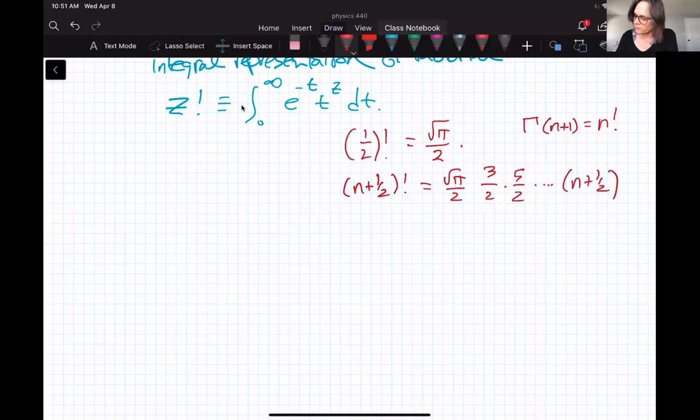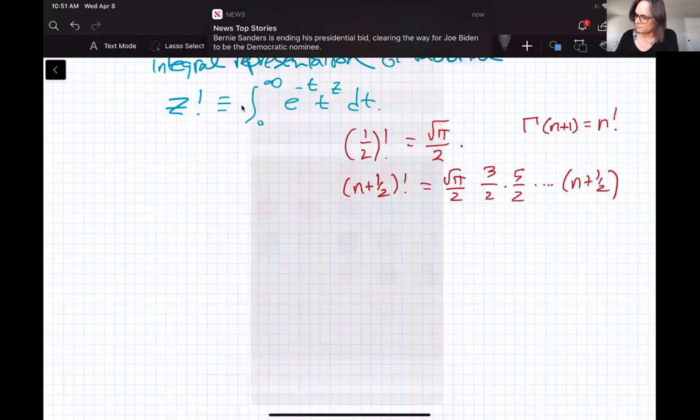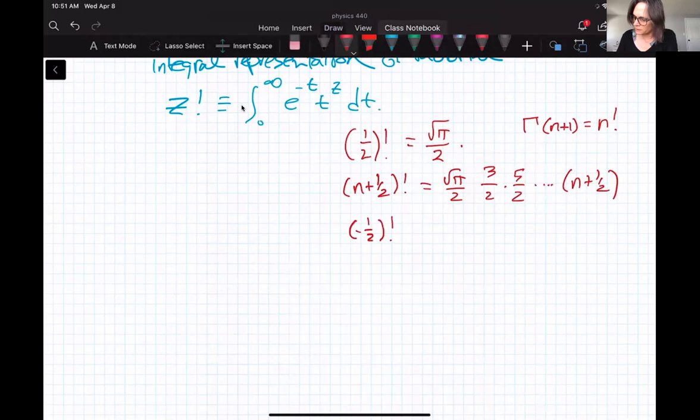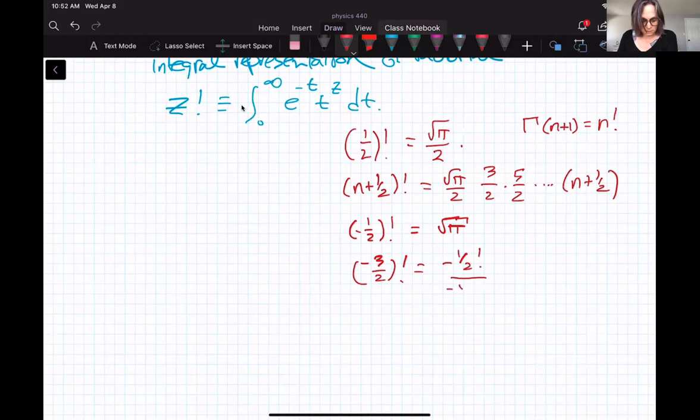For negative values: minus 1/2 factorial is equal to root pi. Minus 3/2 factorial is equal to minus 1/2 factorial over minus 1/2, or minus 2 root pi.